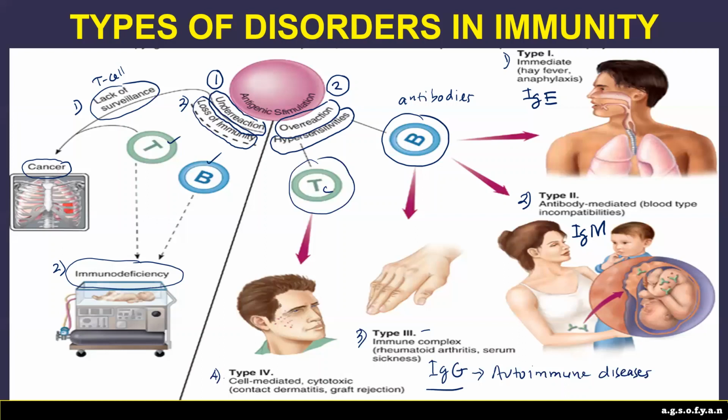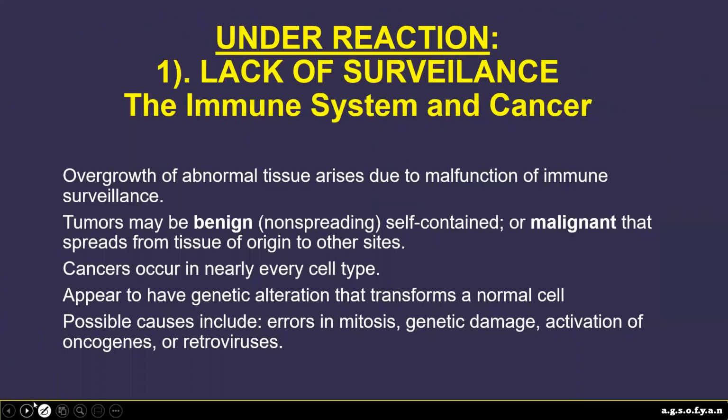Again, there are 2 types of disorders in immunity: underreaction and overreaction. We're going to discuss them one by one. For the underreactions, again, there are 2 types. The first is lack of surveillance, because the T cell is not surveying our body.